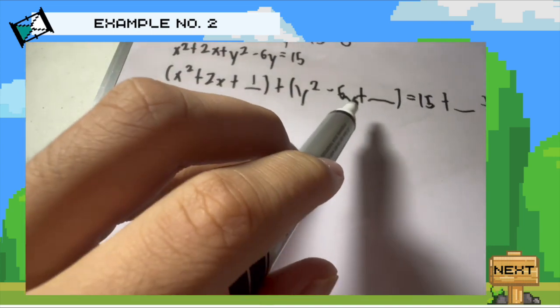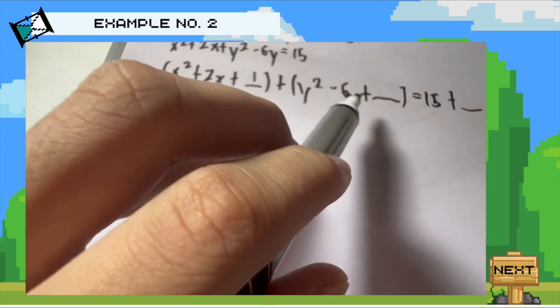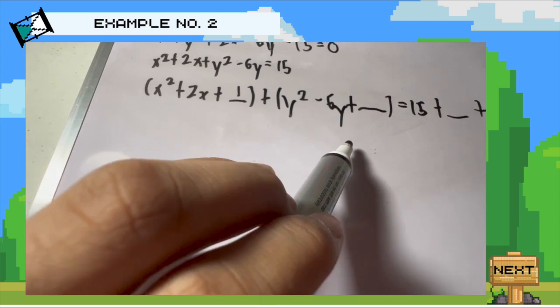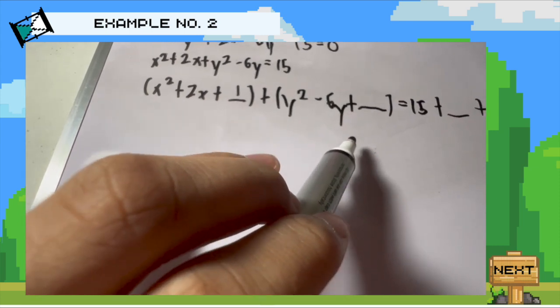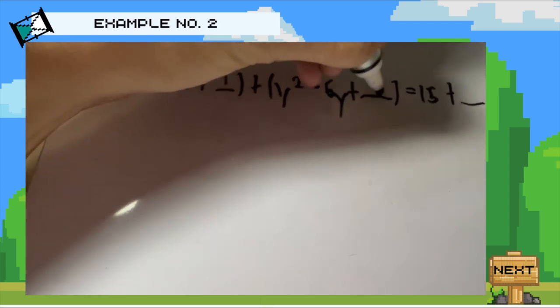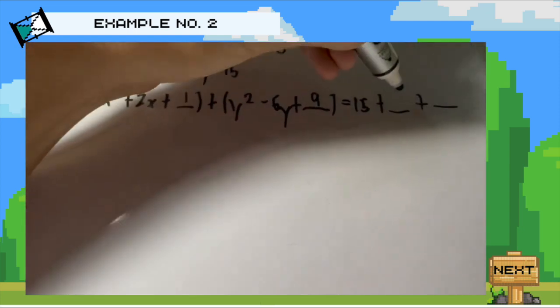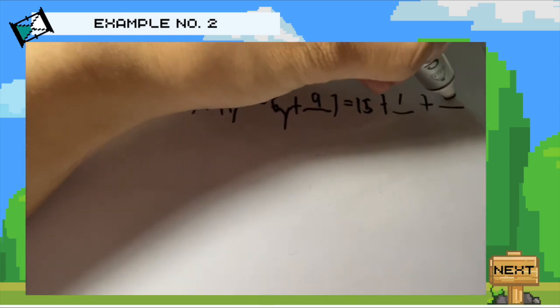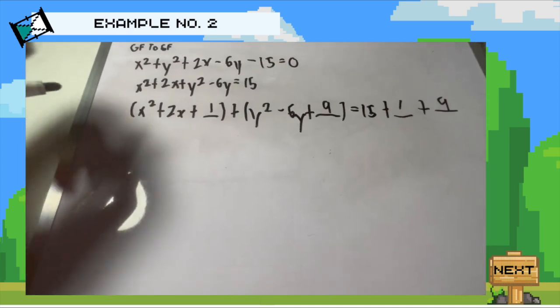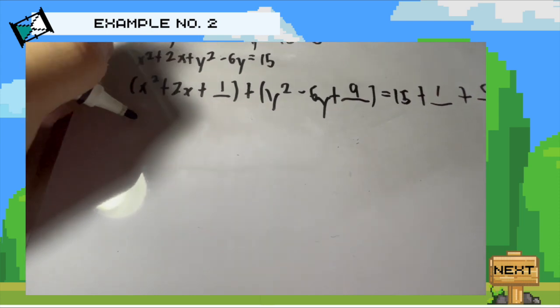Then next, get the middle term of negative 6, so negative 6 divided by 2 is negative 3. Negative 3 squared, so 3 times 3, that is positive 9. Then add lang natin siya dito sa magkabila. Then we're going to write it as a binomial.